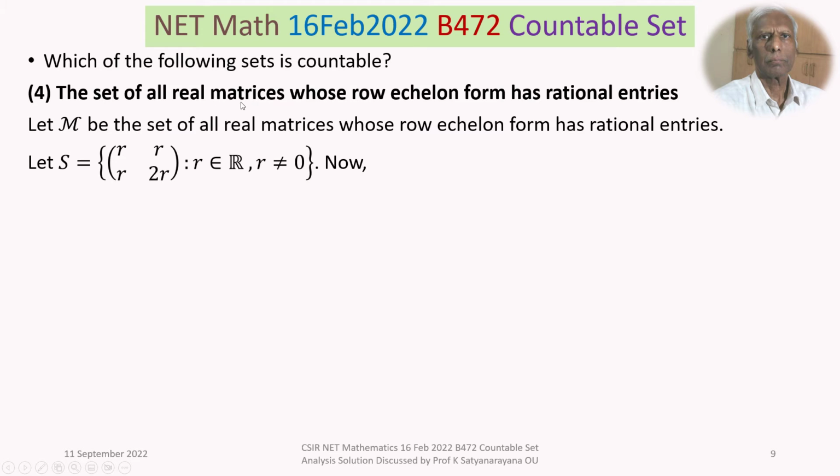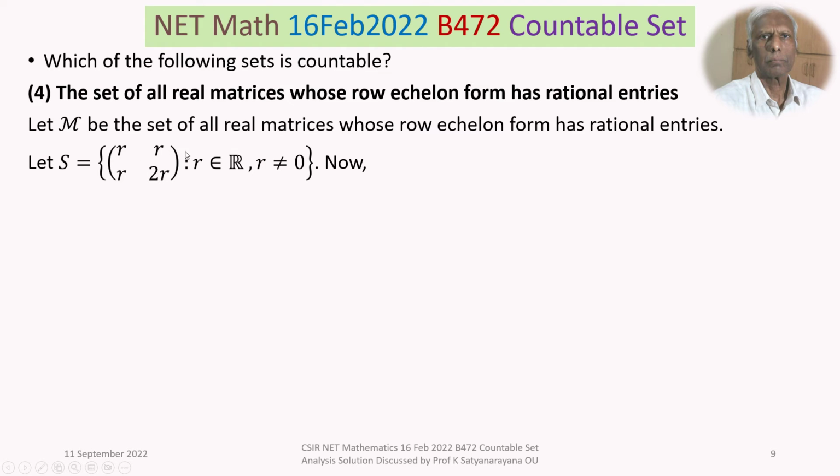The order of the matrix is not given, therefore it can be a matrix of any order. That means the set of all real matrices of any order. But now we consider S to be the set of all 2 by 2 matrices whose first row is r, r, and second row is r, 2r, where r belongs to R, r not equal to 0.